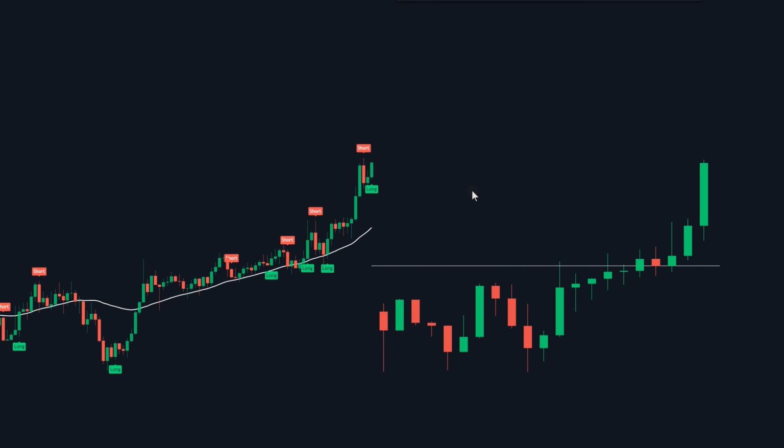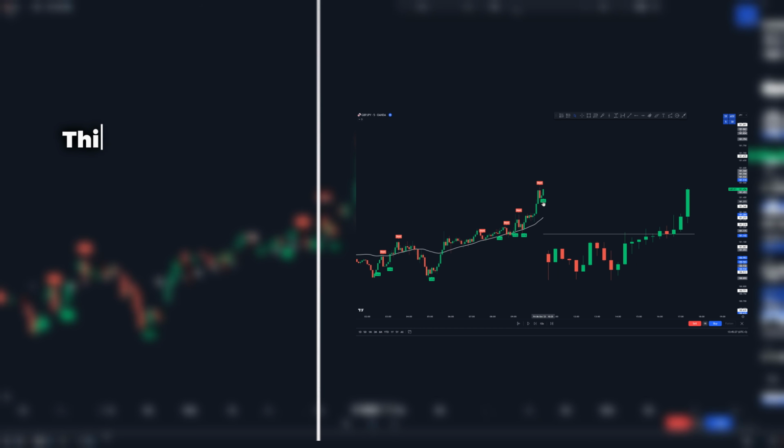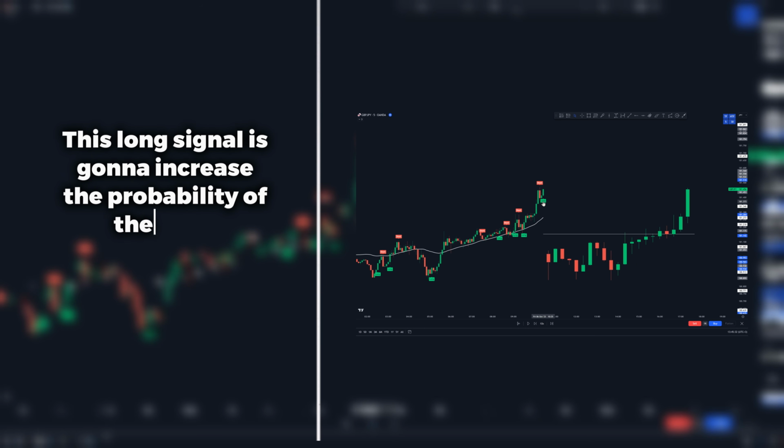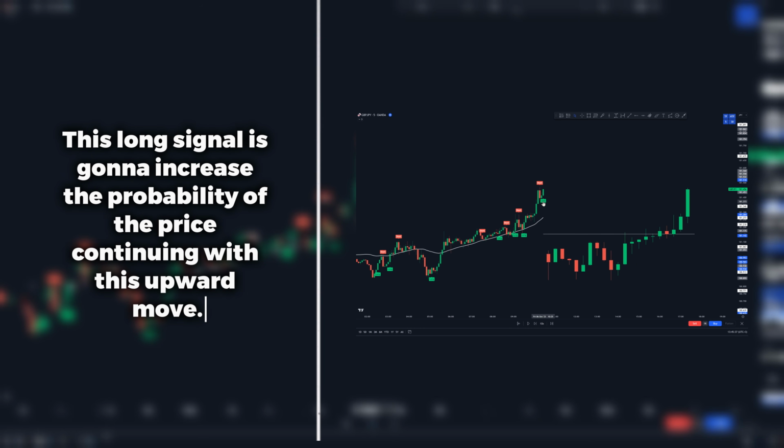Now to trade using this strategy, here are the conditions. To take a long trade, first, the price should be trading above the white moving average to indicate that the market on the 5-minute time frame is in a bullish trend. Second, we need the Twin Range filter to print a long signal. This long signal is going to increase the probability of the price continuing with this upward move.